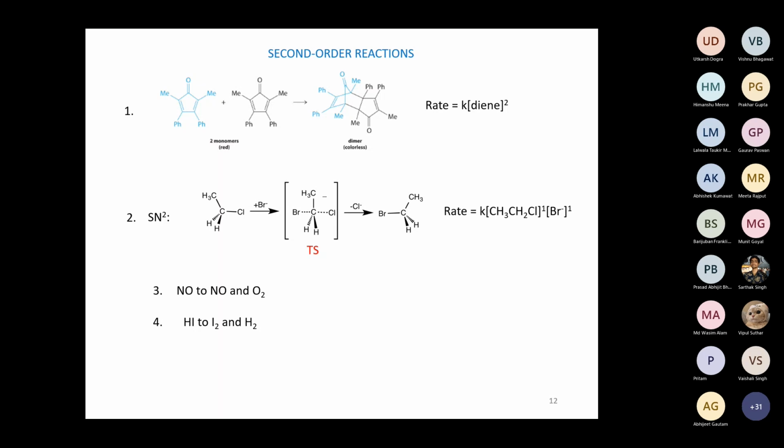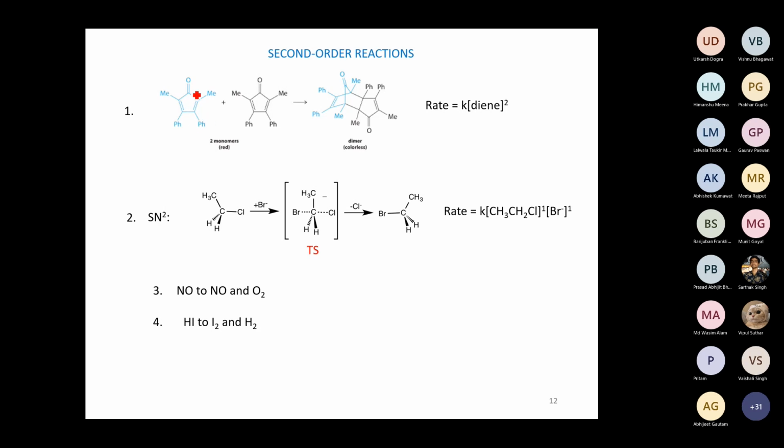So I'm going to tell two examples. The first one is the Diels-Alder reaction. You may know it from high school or CML 100 organic. This is called the Diels-Alder reaction, or 4+2 cycloaddition.